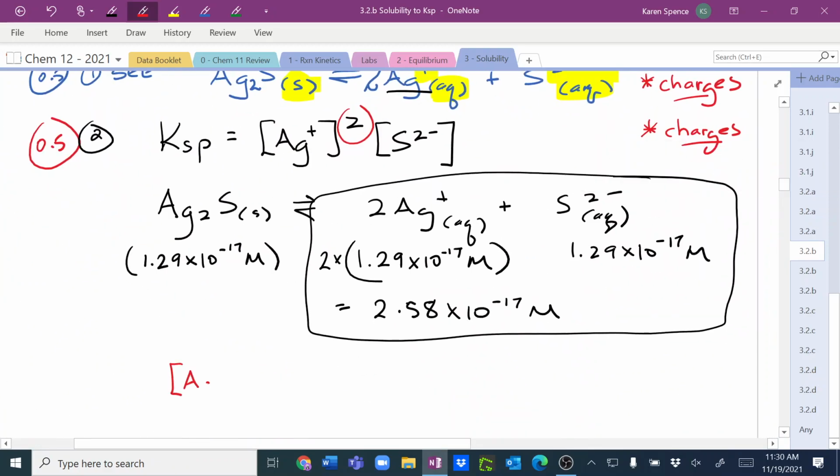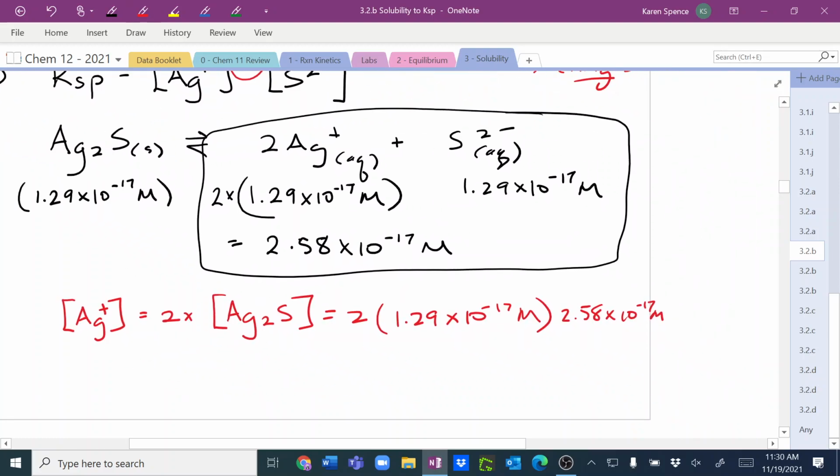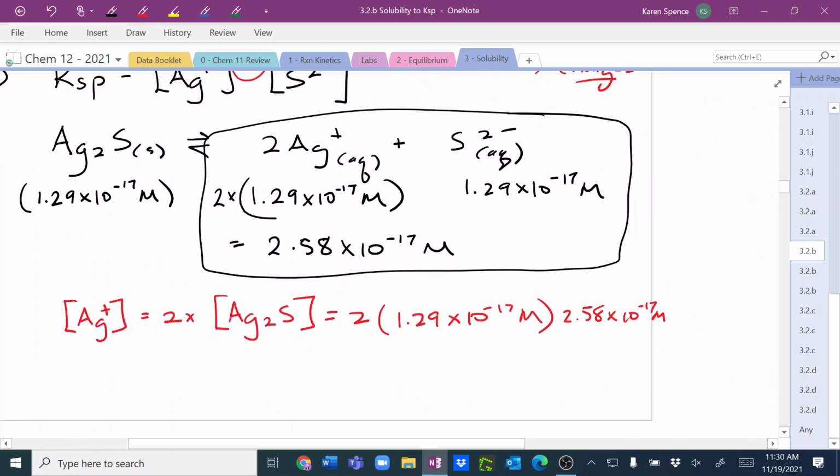For silver, though, you would have to say the concentration of silver is equal to 2 times the concentration of Ag2S, which is 2 times 1.29 times 10 to the negative 17 molar, which is 2.58 times 10 to the negative 17 molar. So that work would be worth like 1 mark.